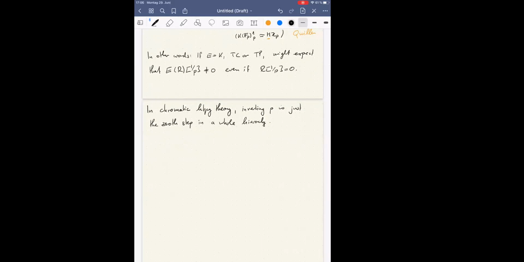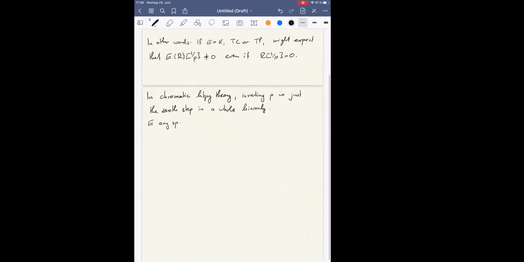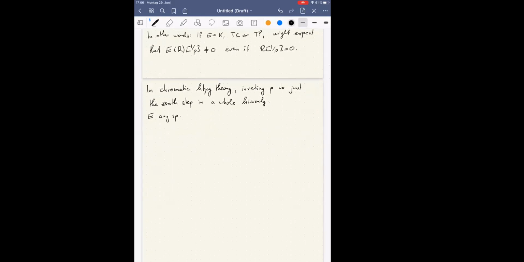So let here E be any spectrum, which might be the K-theory of some ring, for example, or might be anything you like. Then on the one hand side, I can associate to this E with P inverted, what I just said.